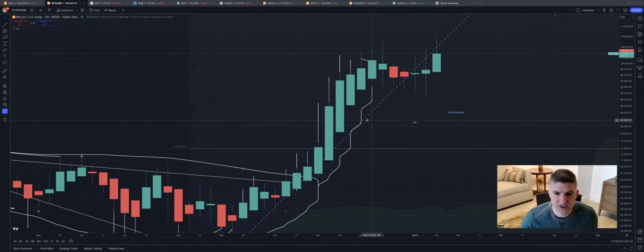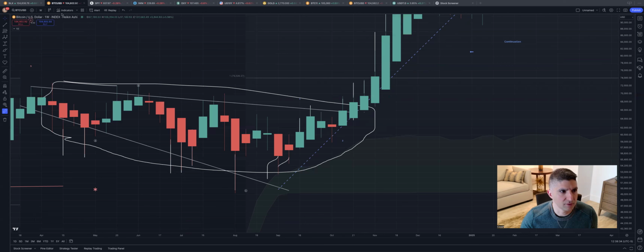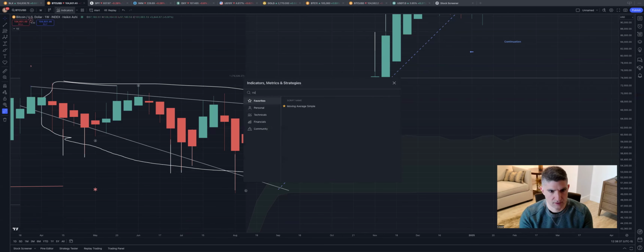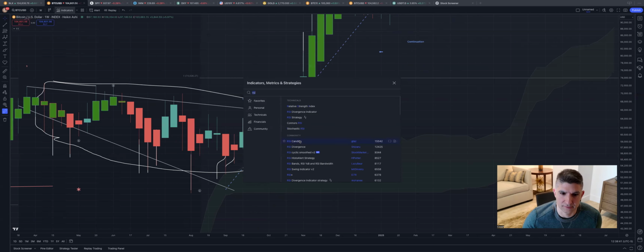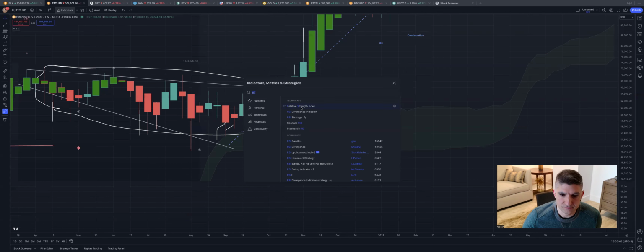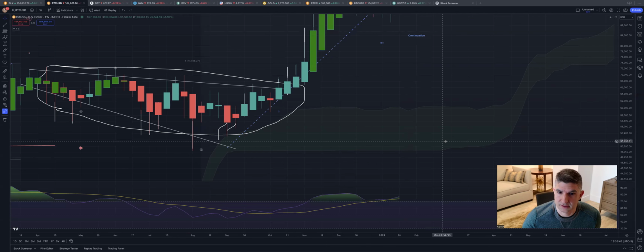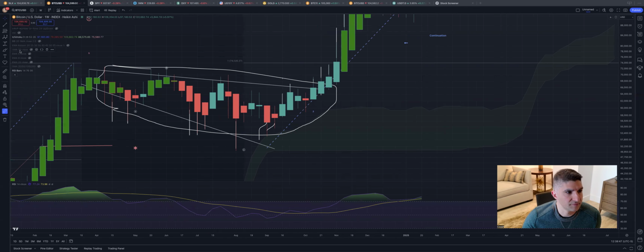I'd be curious to see as well what RSI is on this chart. Let's pull that up really quickly. I'd be curious to see if it's over 70, because this is a more powerful chart here. It is. Not surprisingly, let me get rid of that.